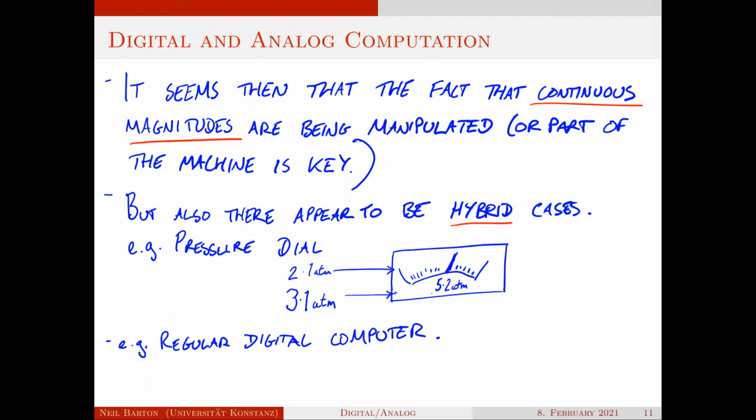If we do so, there appear to be some difficult but interesting questions here. In particular, there appear to be hybrid cases, or at least cases where it's unclear whether a particular process or machine counts as an analog or digital computer.